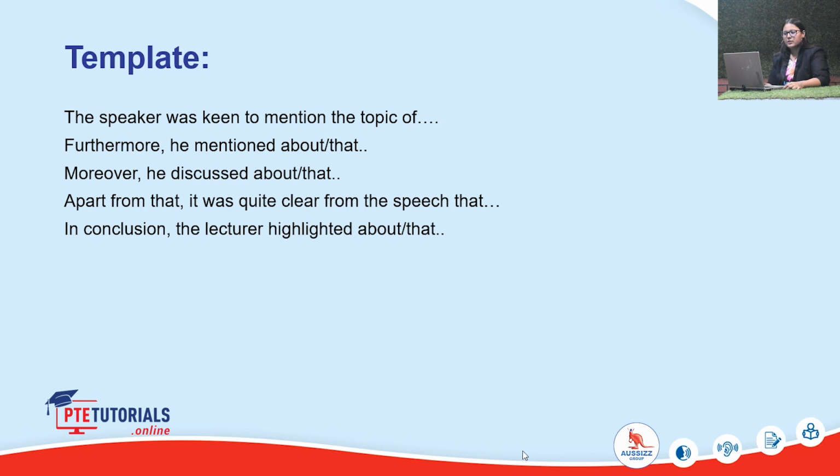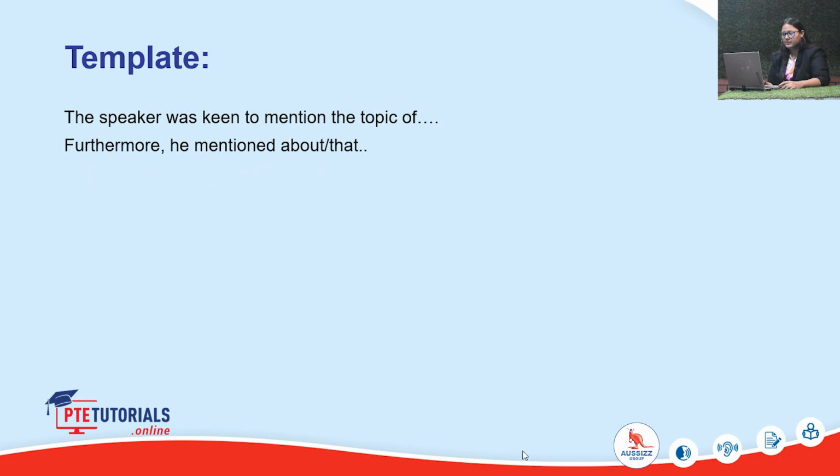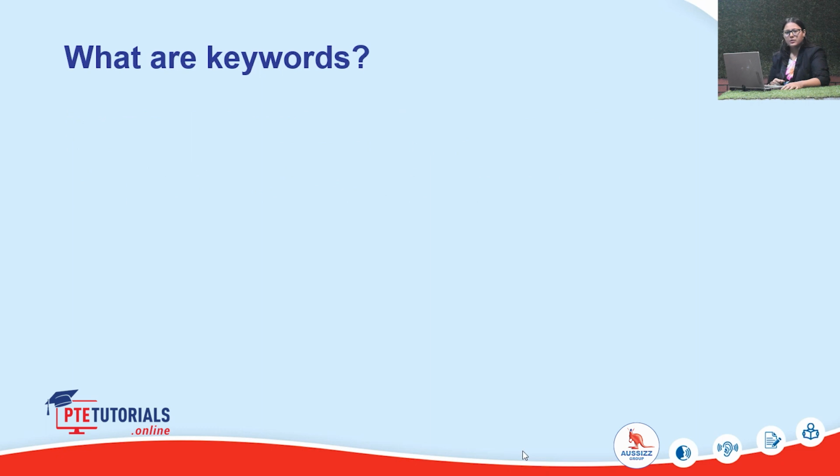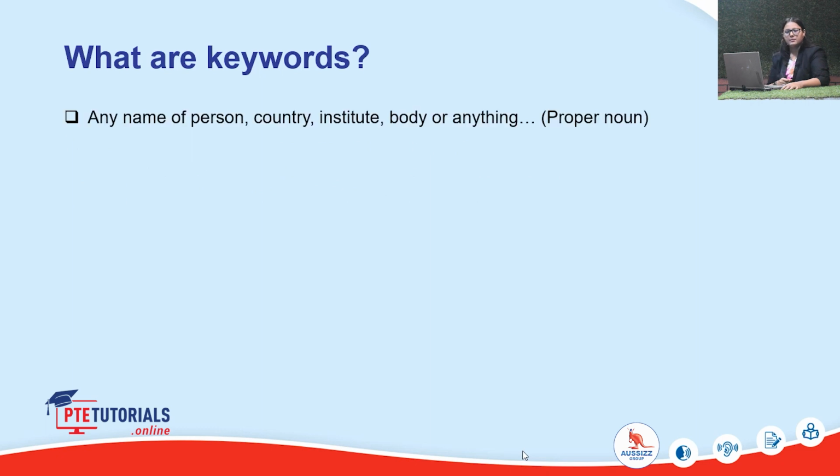But what sort of keywords we must pick up from the audio lecture is one of the very important things to understand. They are named the keywords. What are the keywords? Let's have a look. All right. Here it is. So the keywords can be proper nouns, the name of a person, country, institution, or body. Usually it is very easy to speak a country's name, depending on whether we are able to pronounce those words or not.